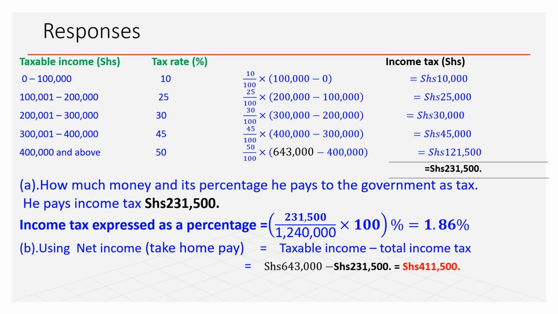So we shall get Uganda shillings 643,000 minus 231,500 shillings, and this will give us 411,500 shillings, and that will be the take home, or the net pay.